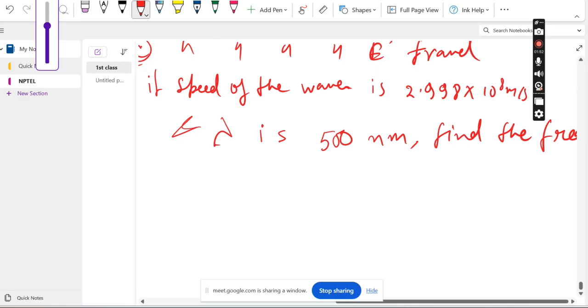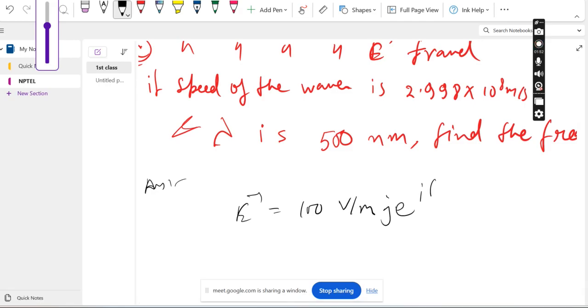So now it is E equal to 100 volt per meter e to the power i(kz plus omega t). What is the amplitude of the wave? The electric field amplitude is 100 volt per meter. So in what direction does the wave travel? Kz.